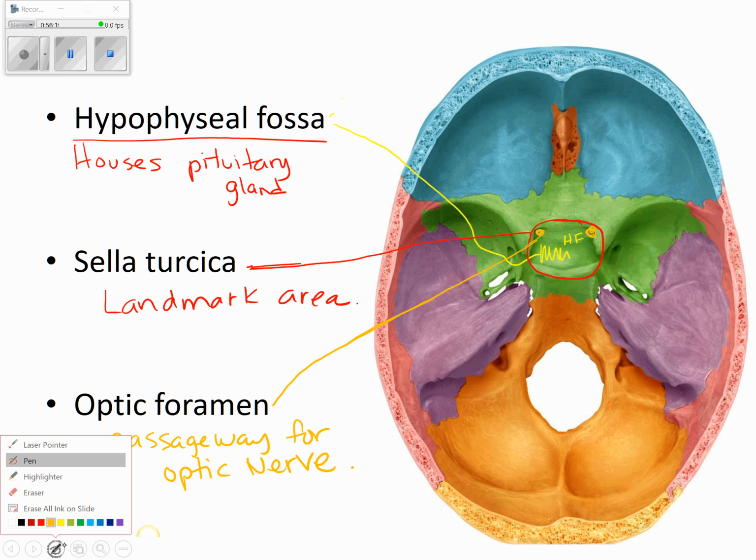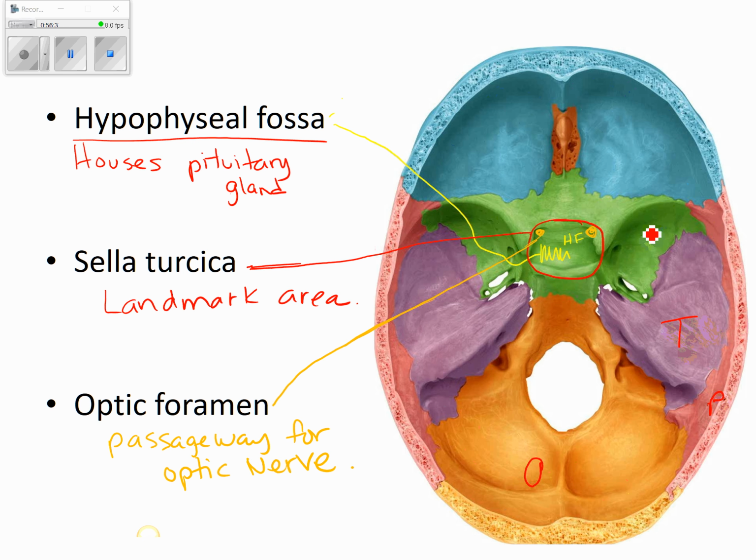So I usually also tell people to make sure that you know which bones are which from this inside of the cranium. Down here is your occipital bone. Over here, in pink, is the parietal bone. This right here would be your temporal bone. This green area here is the sphenoid bone.